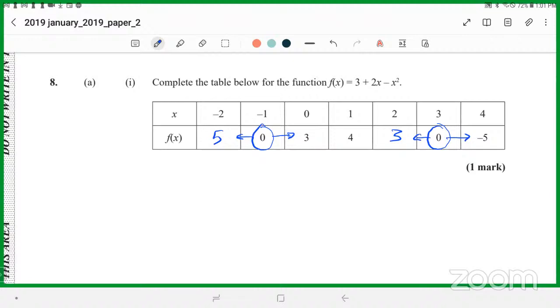1 mark for that. You cannot penalize you for having knowledge of the symmetry of the values. The values have to be symmetrical. The y values change the same way outwards from the axis of symmetry.